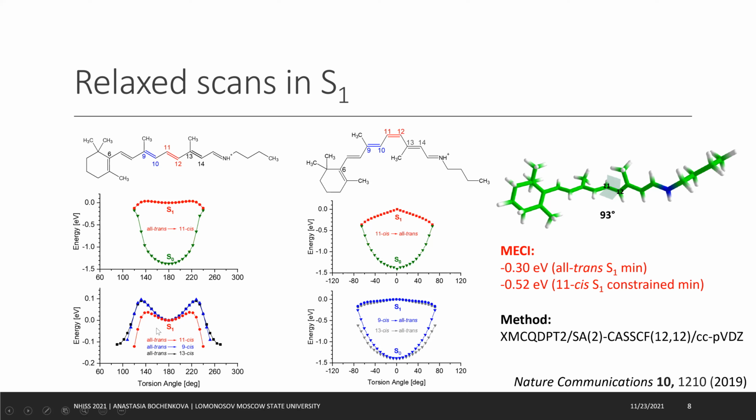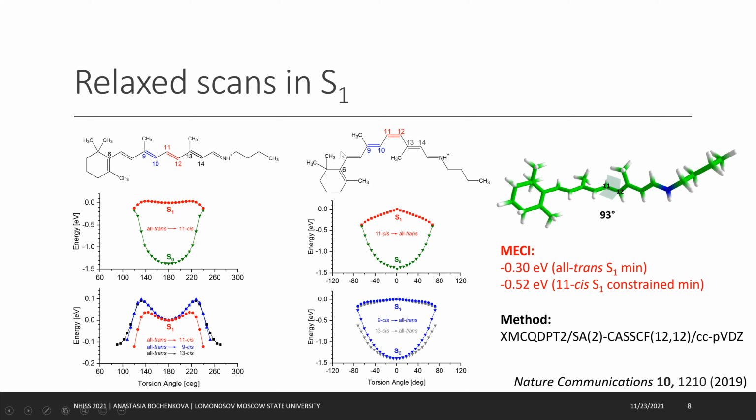This tells us that there is a specific isomerization going on for the all-trans chromophore in the gas phase, but this specific bond is different from that in the protein environment.